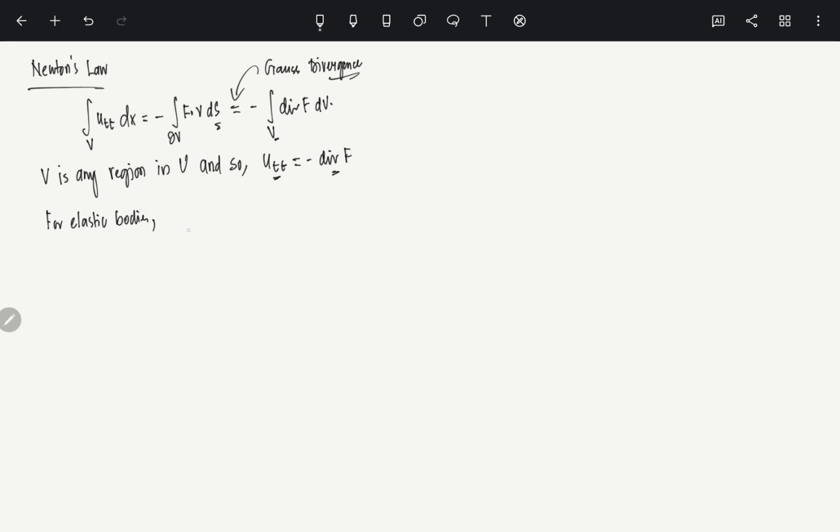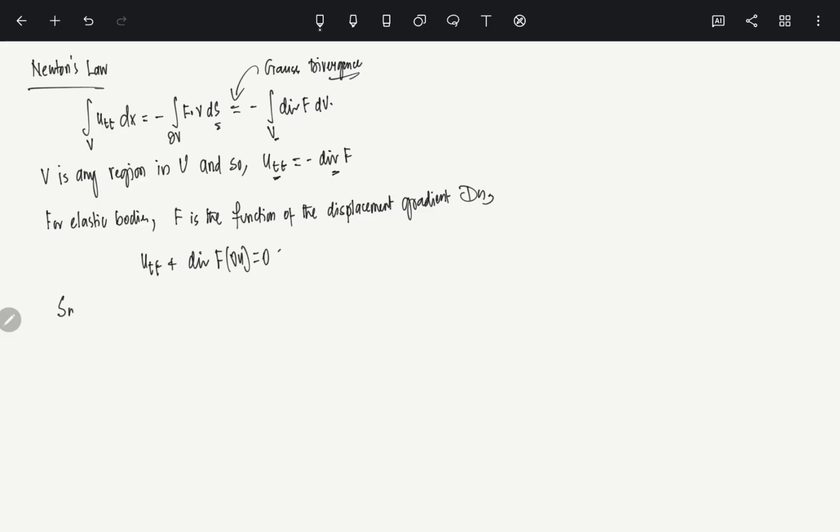For elastic bodies, F is basically a function of the displacement gradient, given by f of del u. So essentially u_tt plus divergence of f of gradient u equals 0. Clear?